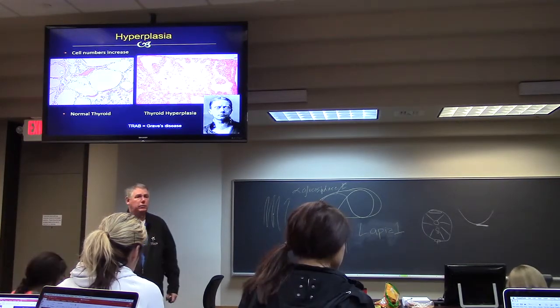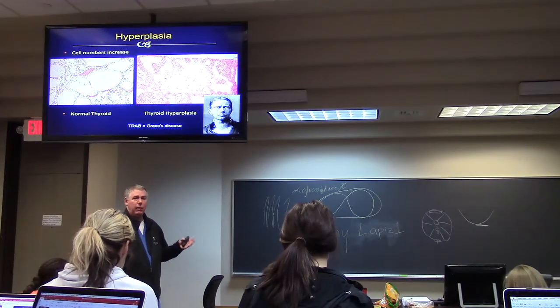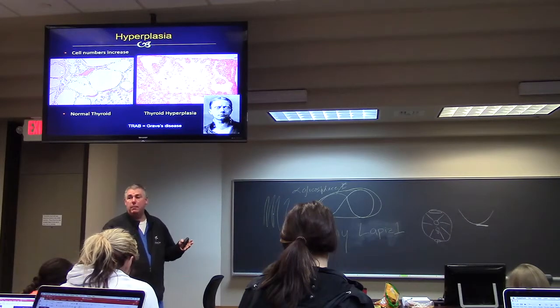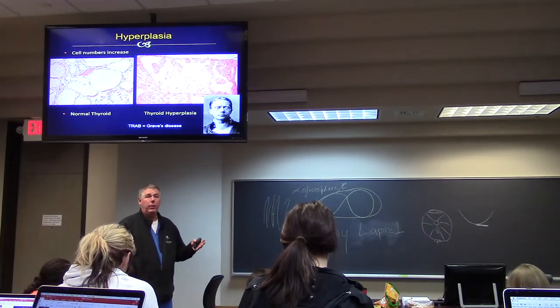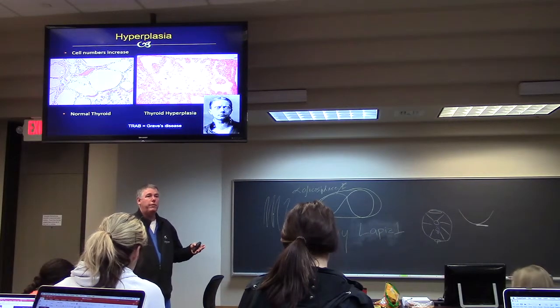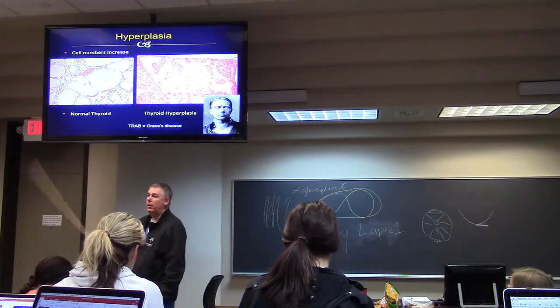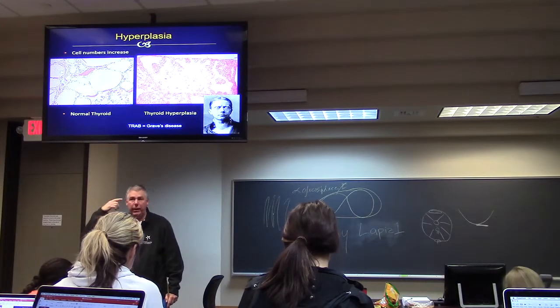There is a disorder called Graves' disease. Interestingly, most of the diseases of the thyroid are immune-mediated. So you actually produce autoantibodies to the thyroid, or the TSH receptor. TSH, thyroid stimulating hormone, is produced by the pituitary.